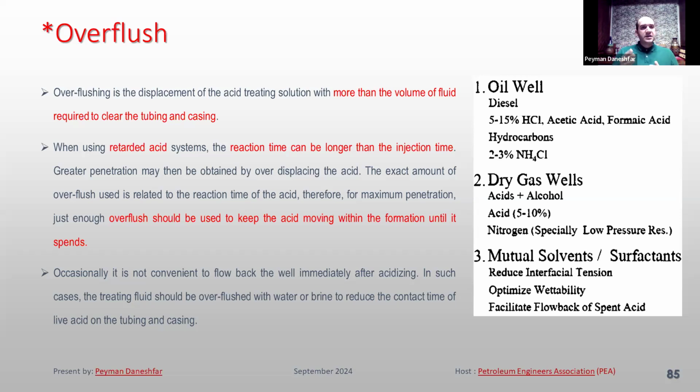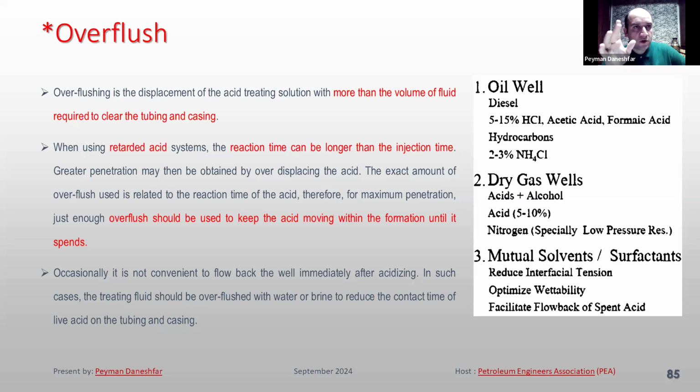For example, again for the oil well, it's better to use diesel. Also for the carbonate, don't use acid again, because it's better to use just mutual solvent when you use a diverter, because you want to break the diverter in your formations. For the dry gas well, you can use the acid with the alcohol, but again, I think that the acid is not okay.